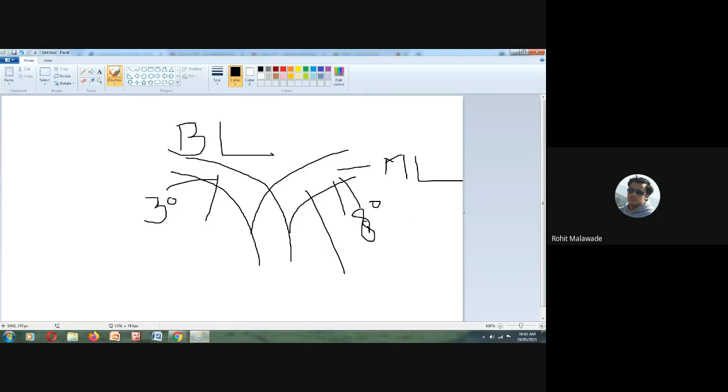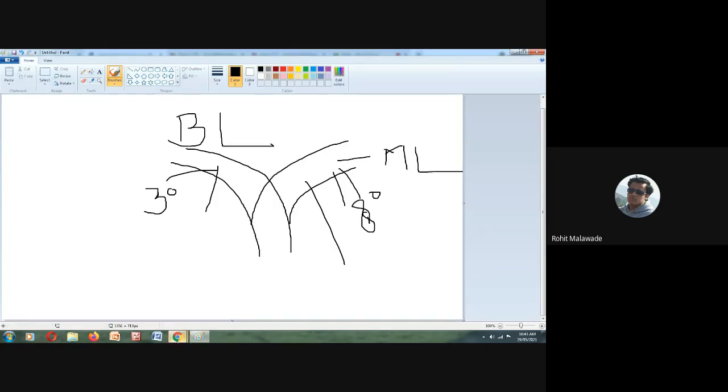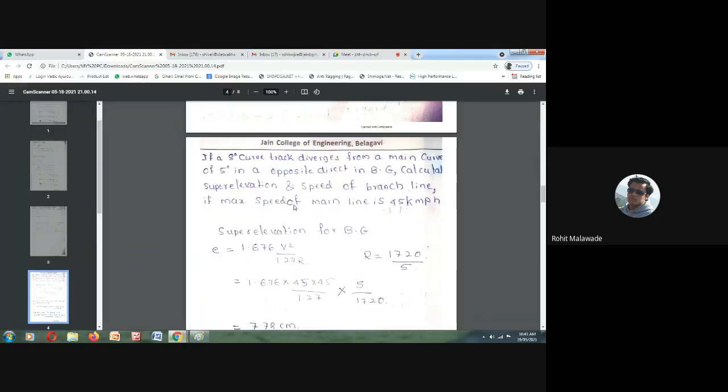They may also give the degree of both lines and ask what the super elevation of the different line will be. So we will see the problem, how it will be given.